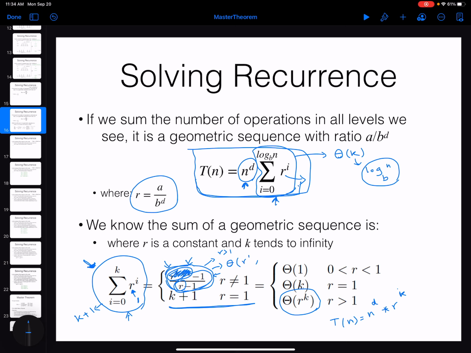What is r? I know that r is equal to a divided by b to the power of d. If you take it to the power of k, what is the value of k? The value of k is going to be log of n in base b.